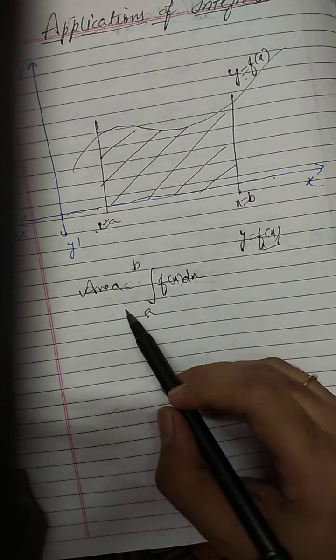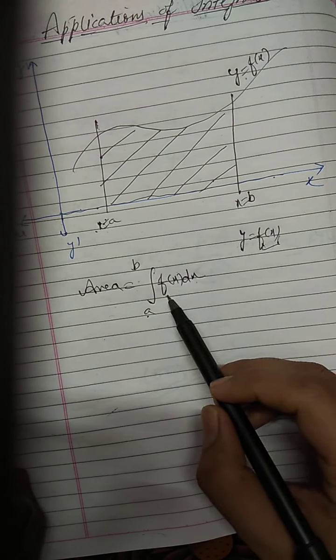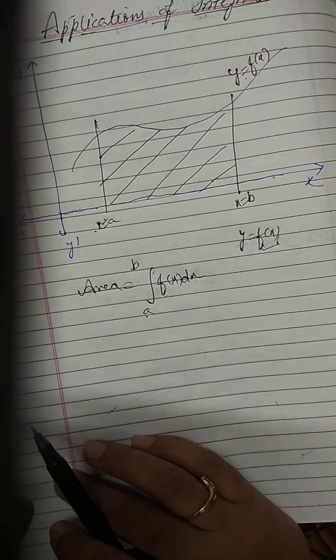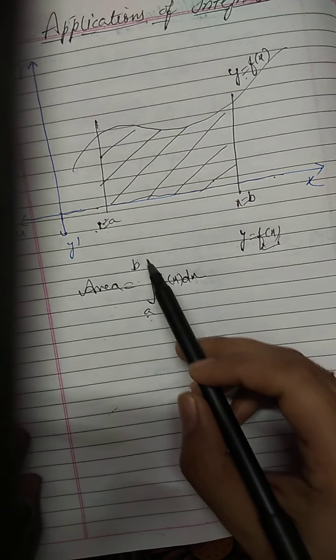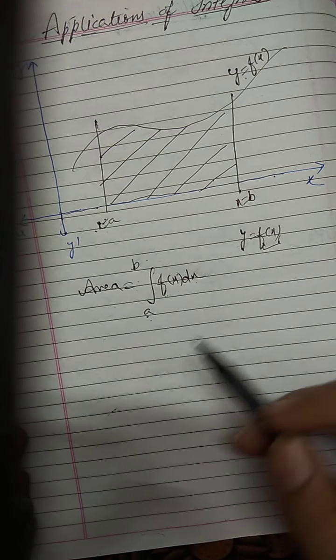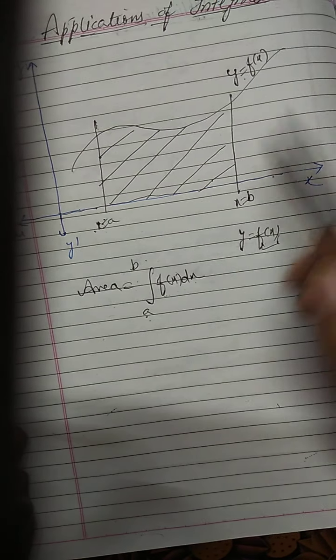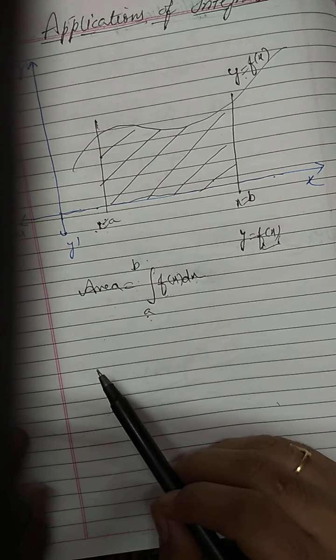So here this integral a to b f(x) dx, in general, always gives us the area bounded by that curve between these two ordinates x equals a and x equals b. So this curve I have taken, I am finding the area bounded by the x-axis.